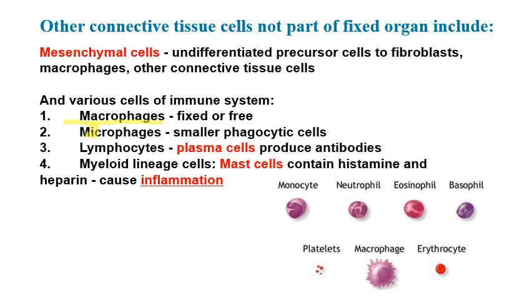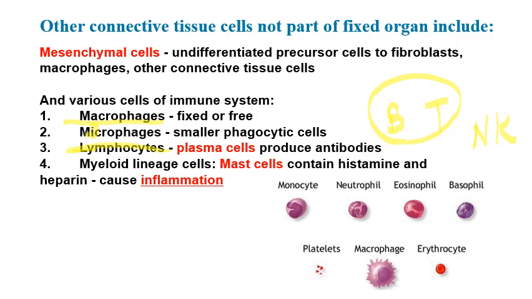All right. Then you have these other guys, the lymphocytes. Okay, so lymphocytes are B cells and T cells. They're also natural killer cells. Okay, so B cells and T cells are part of your adaptive immune system. Natural killer cell is part of your innate immune system.